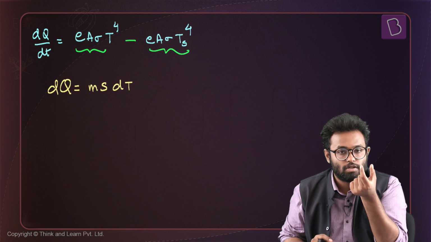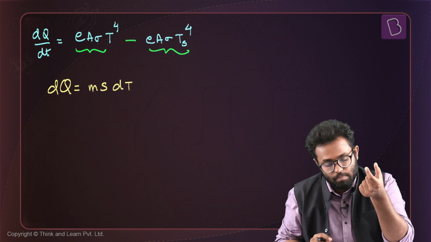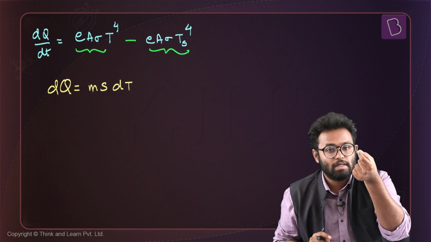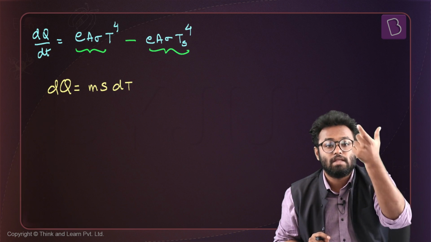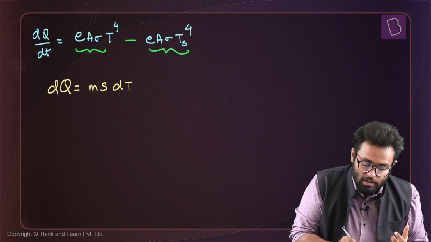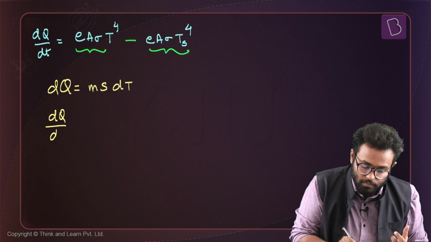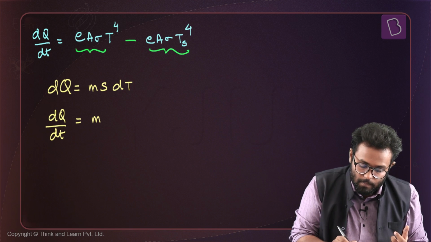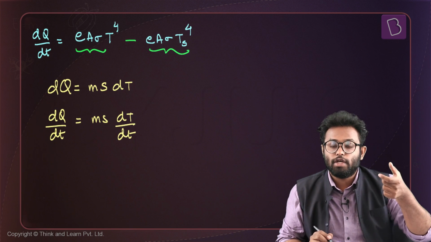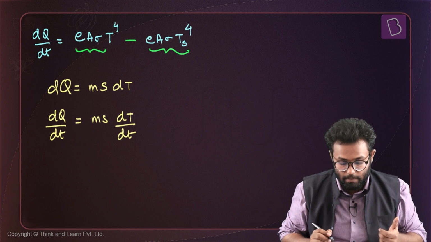The heat given to a system or taken out of a system is equal to ms times dT, which is the increase in the temperature of the system, right? When I differentiate this with respect to time, I see how dQ by dt is related to dT by dt.